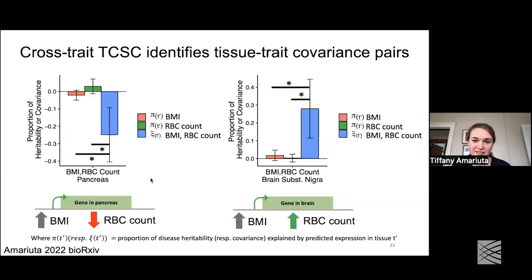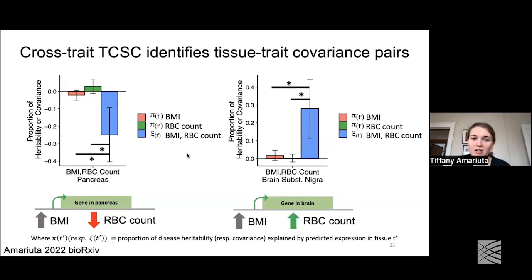Interestingly, the tissues I'm showing here, pancreas and the brain substantia nigra, were not associated with either BMI or RBC count in the single trait analysis. As you can see with the pink and green bars, these are not significantly greater than 0, so these did not pop up in the single trait analysis. These are those pi-t results that I showed before.